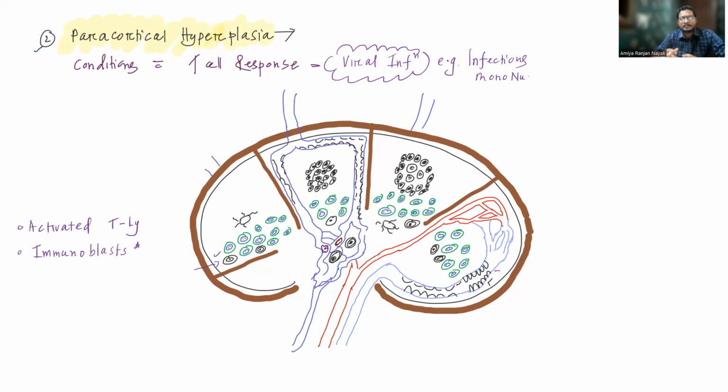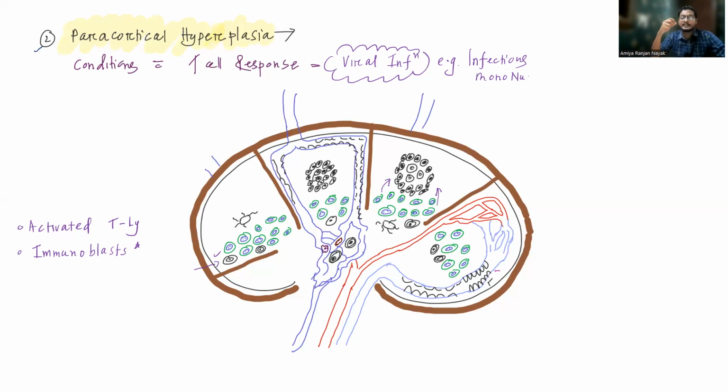Sometimes this paracortical hyperplasia is so much that these T lymphocytes tend to encroach upon the follicular areas, I mean the cortical areas. The activated T lymphocytes will try to encroach upon the B lymphocytes.